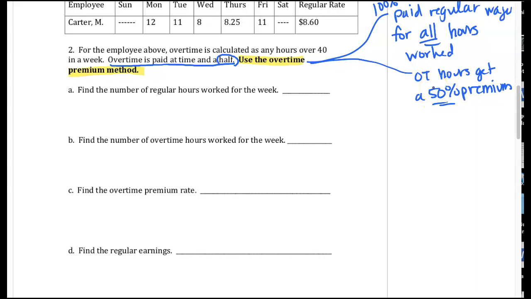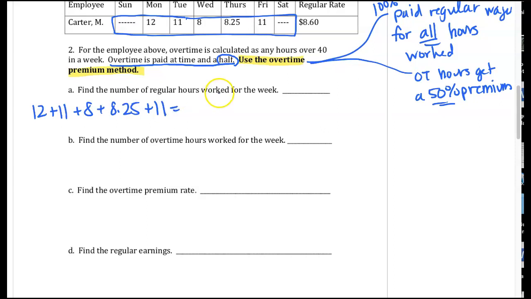We're going to start part A and part B just like we did in question 1. We're going to take our hours worked in the week and add them all up. Let's start there. When I calculate all the hours, I get 50.25 hours.